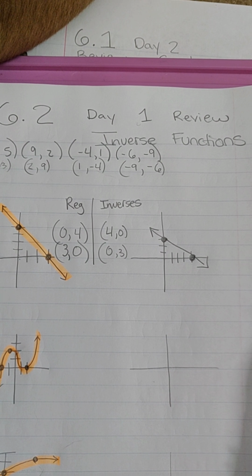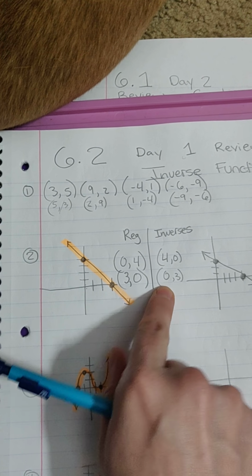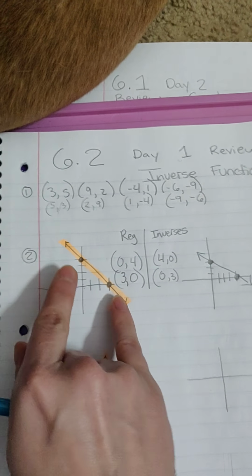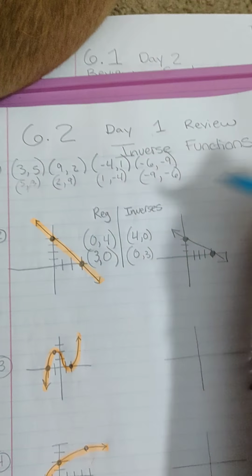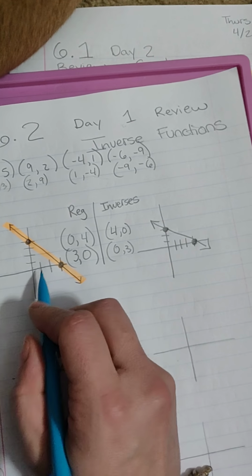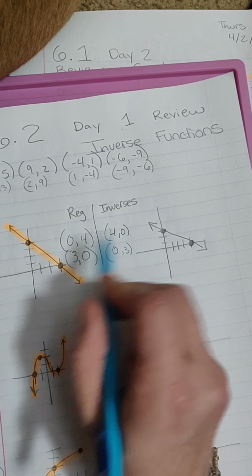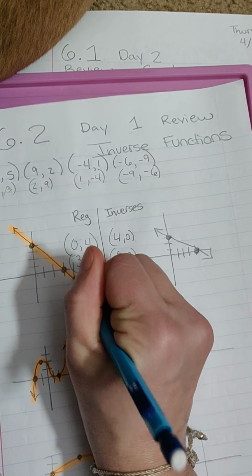Okay, if I were to put those on the same graph, I would literally just keep those same points, take those 2 dots, put them on this graph, and essentially we would just have a new line. So if we had 4, 0, that'd be 1, 2, 3, 4.